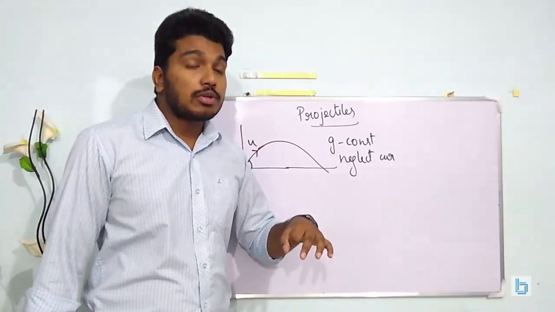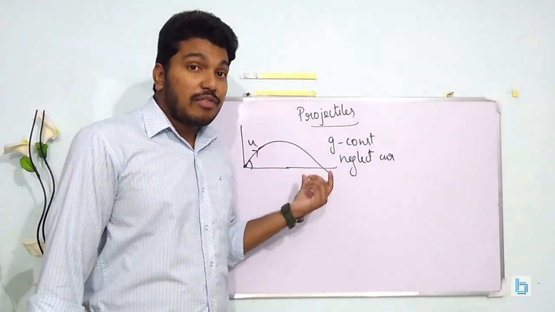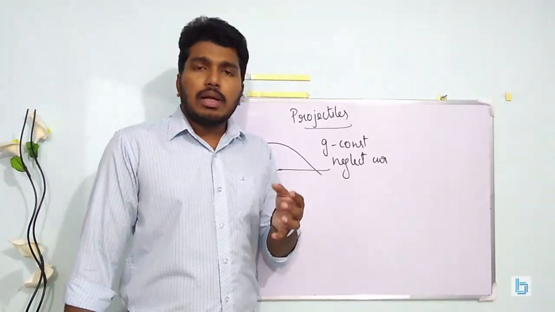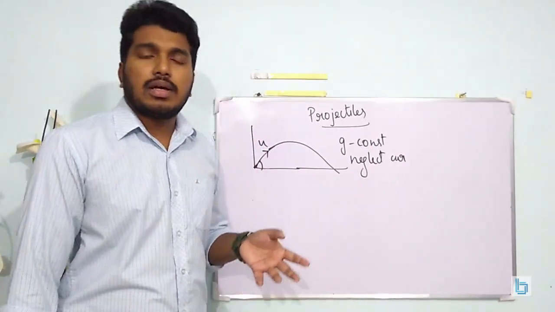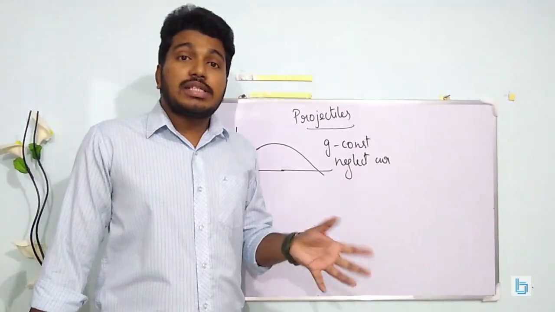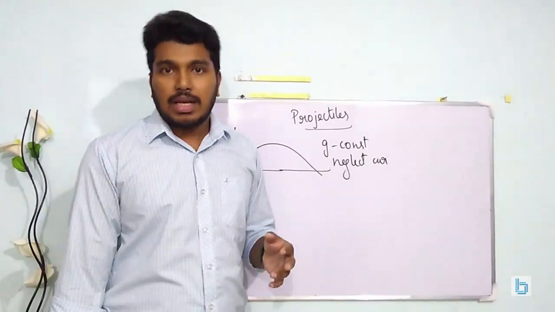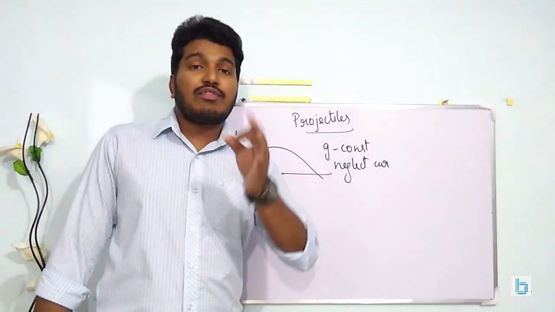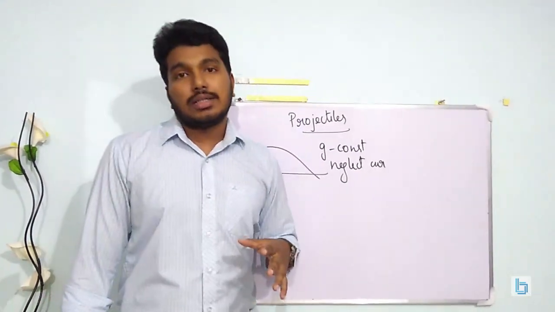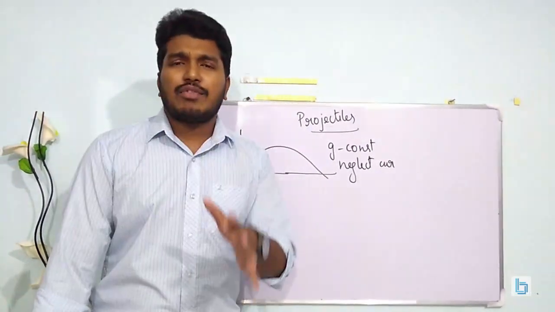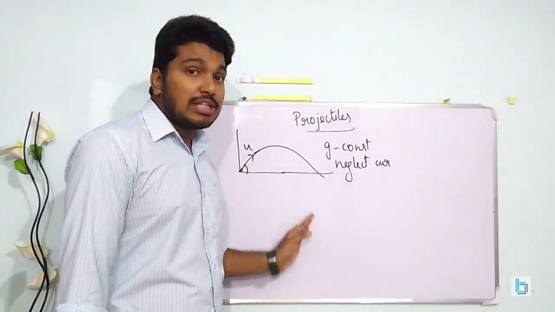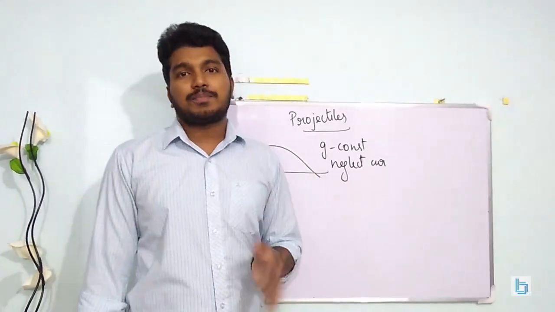And the last point you have to remember: the effect of gravity of Earth alone. Based on Newton's law of gravitation, any two objects having mass attract each other. So we will be considering only the effect of gravity due to the earth, not the effect of the Moon. It is falling freely under the effect of gravity of Earth alone.